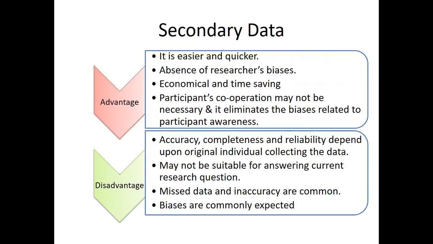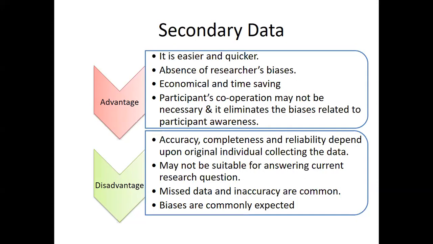The secondary data, it is easier and quicker. Sometimes it's cheaper in a sense that it is free, especially if you approach sources that are free. But there are other companies that are selling data, so that might also be difficult.